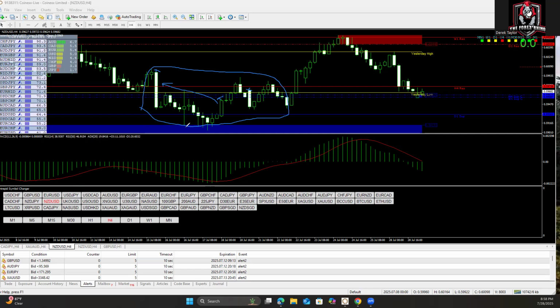Well, Derek, how do you figure that? Because this guy engulfs all of these candles up until this point. And obviously, this candle engulfs all of these. And, we can't see, but this candle engulfs all the way for some time.